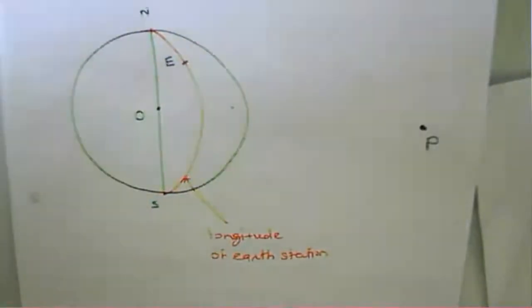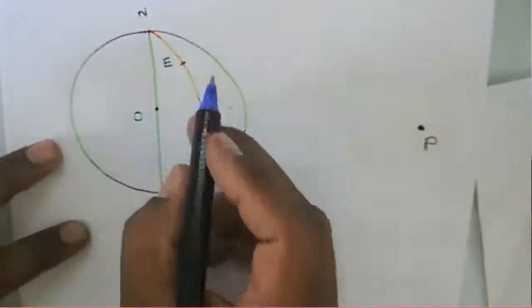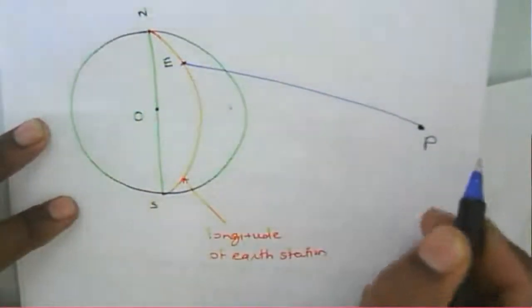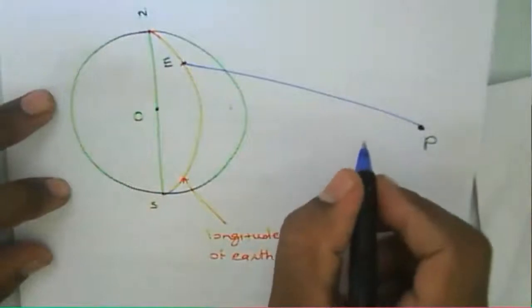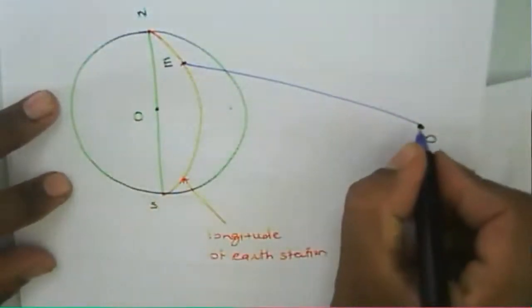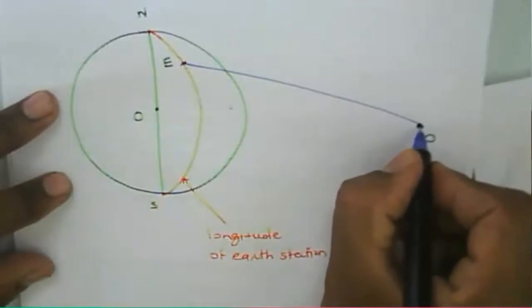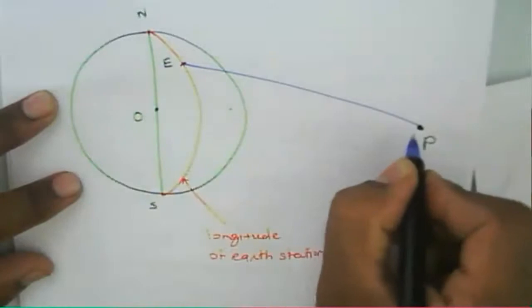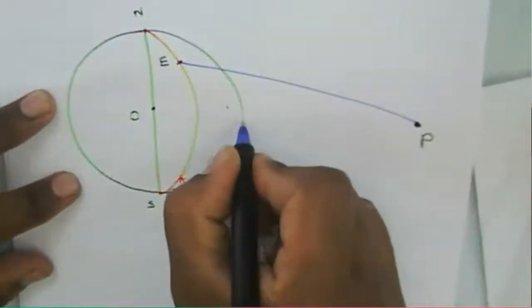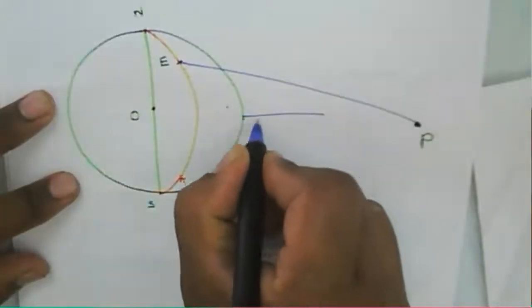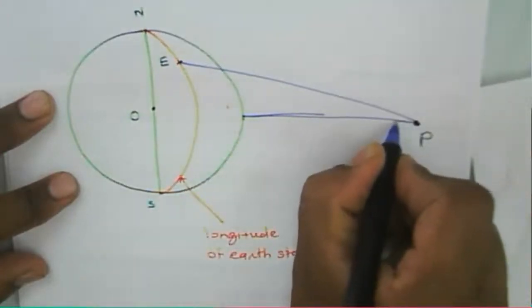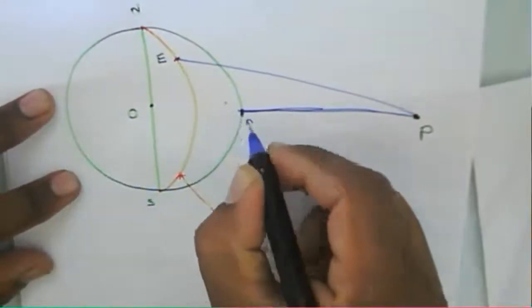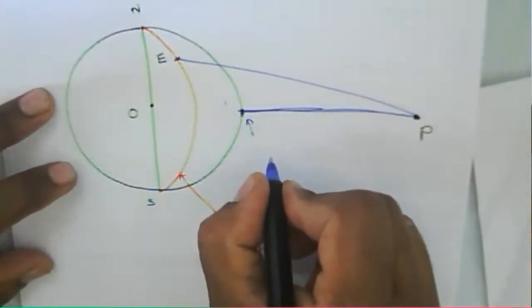So in that case, if I draw a line from this Earth station to this satellite, and then the projection of the satellite from this particular point toward the Earth, that is nothing but a perpendicular from this satellite to the Earth, and this particular point is called a sub-satellite point.